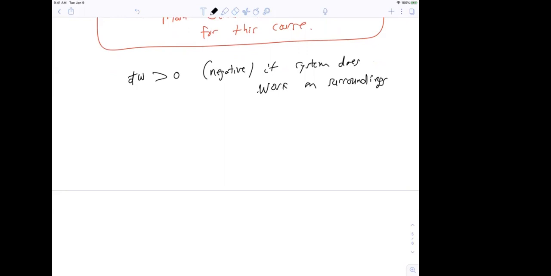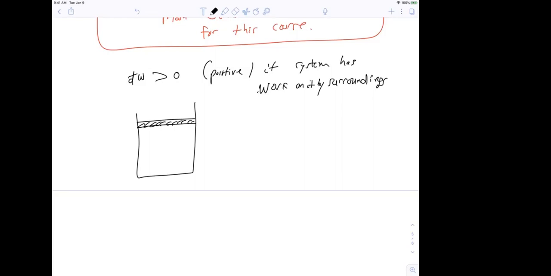Sorry about that. If system has work, sorry about that, folks, has work done on it by surroundings. And so we see here in our piston assembly that we have used as our example, and this is why I wanted to change it to positive.